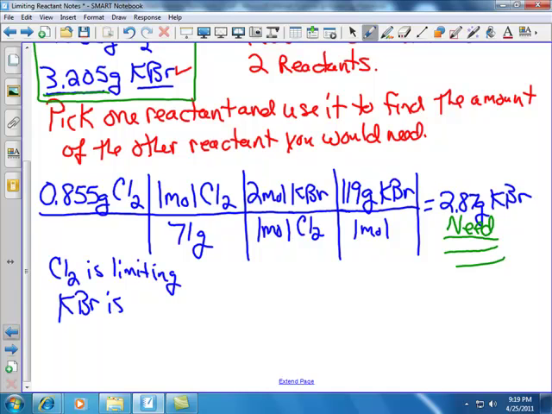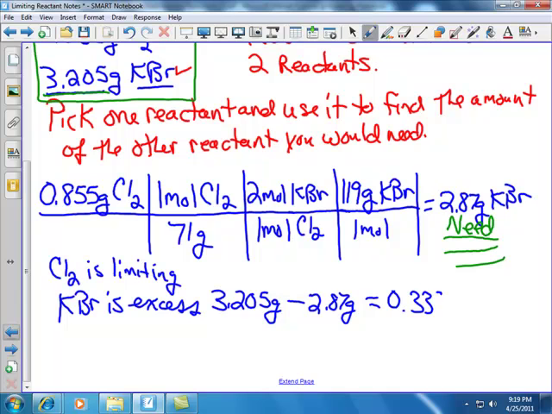KBr is excess because I have 3.205 grams, and I'm going to subtract this right away. I only need 2.87 grams. So what I have is 0.335 grams of KBr left over.